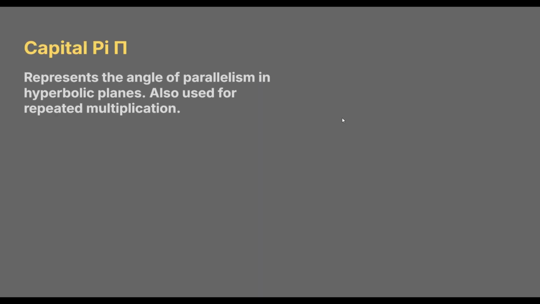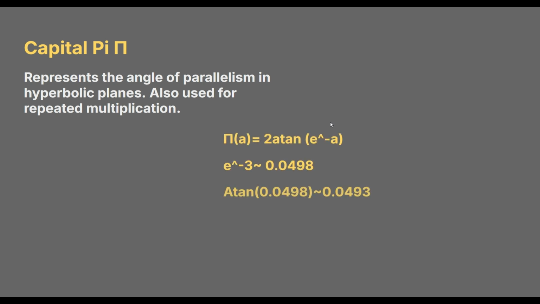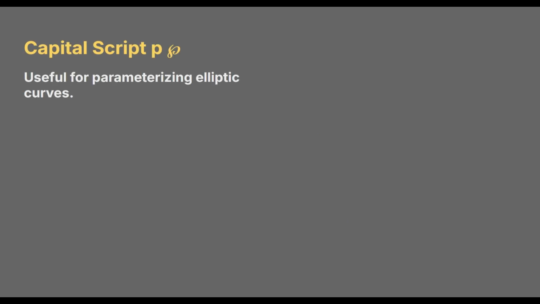Capital Pi represents the angle of parallelism in hyperbolic planes, also used in repeated multiplication. Capital script P is useful for parametrizing elliptic curves.